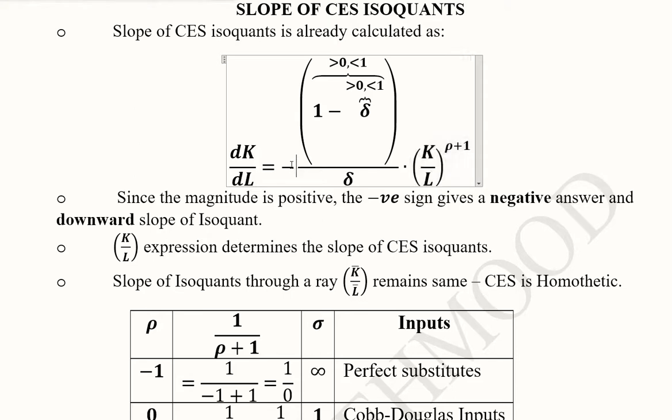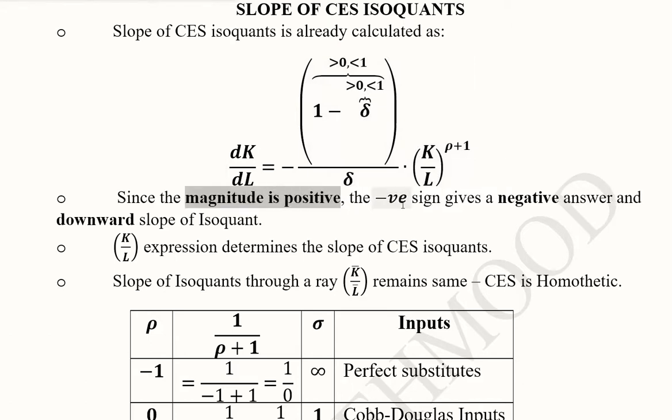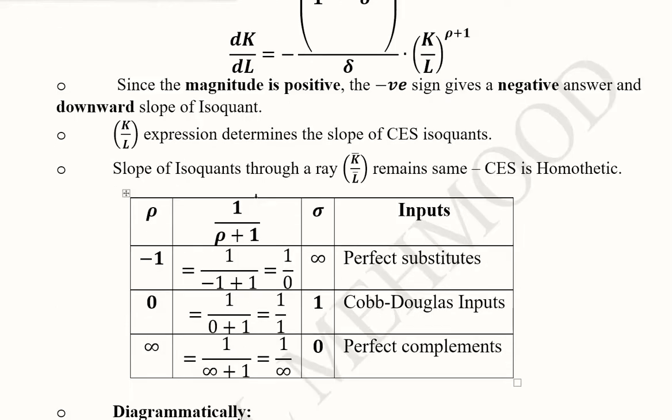Now this negative sign in the end is going to make this positive answer negative. It means that the magnitude was positive, however the negative sign outside is going to make it negative. It means that we have a downward sloping isoquant, which is the basic feature of the isoquant. So we have been assured that we are going to have a negatively sloped curve, which is suitable for the isoquants.